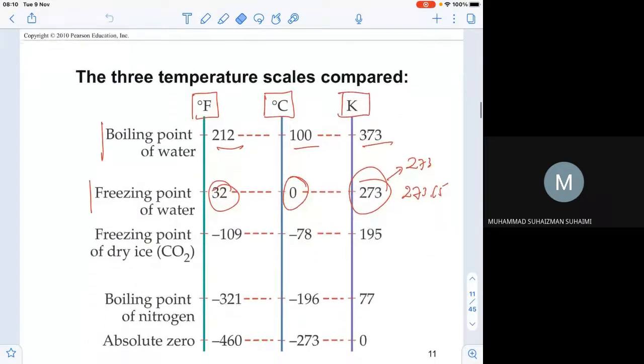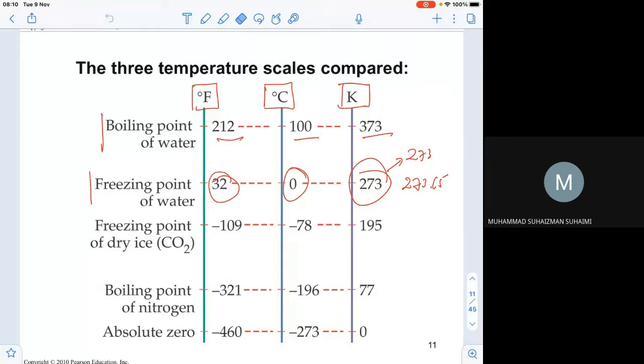Basically these are the three temperature scales. If we compare them, Celsius gives the smaller value compared to Fahrenheit and Kelvin.